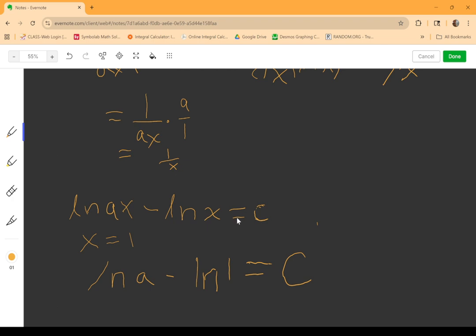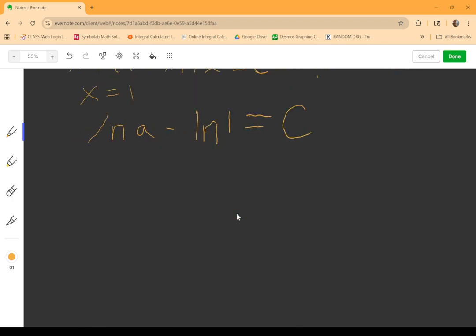And I know from above that I just showed that the natural log of 1 is 0. So we get ln of a equal to c. So that means that c is equal to ln of a.